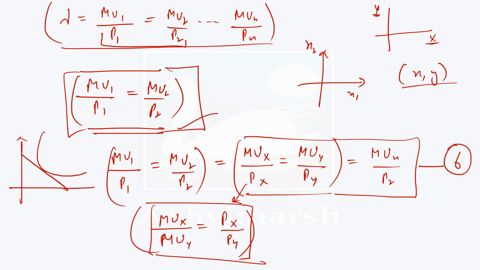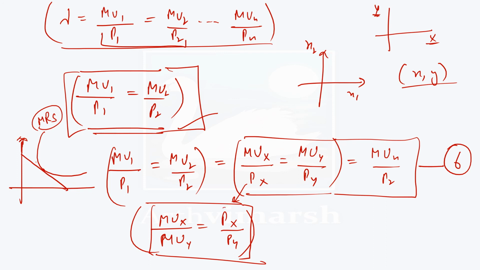If you remember your indifference curve and the budget constraint examples which we have been discussing, we know that the slope of an indifference curve is the marginal rate of substitution, right? And what is the slope of the budget line?